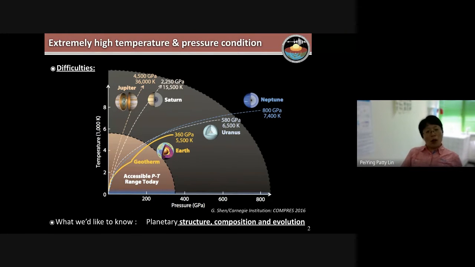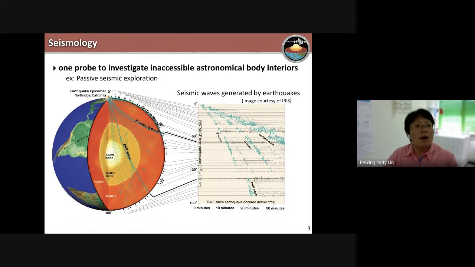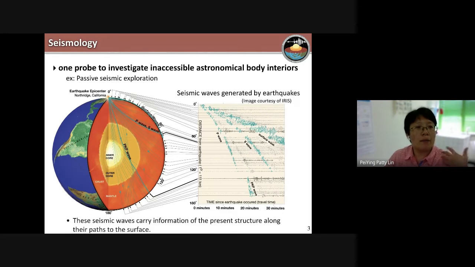Since we cannot drill a hole, what else can we do? We use seismology, because seismology is one probe to investigate invisible astronomical body interiors.